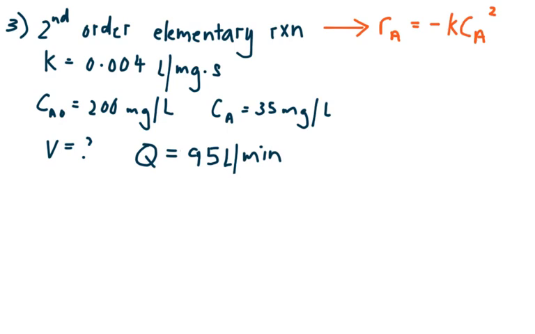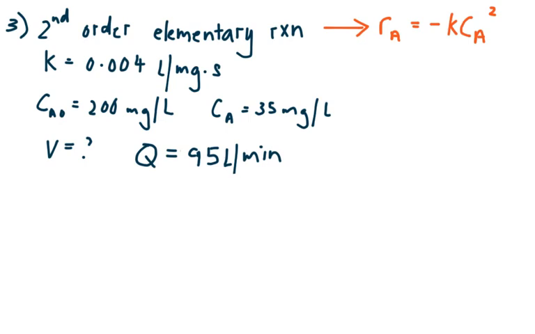If the initial concentration of pollutant A into the tank is 200 milligrams per liter and the exiting concentration of the pollutant is 35 milligrams per liter, they want you to find the volume of the reaction tank, assuming that the inflow and outflow of water into the tank is 95 liters per minute.